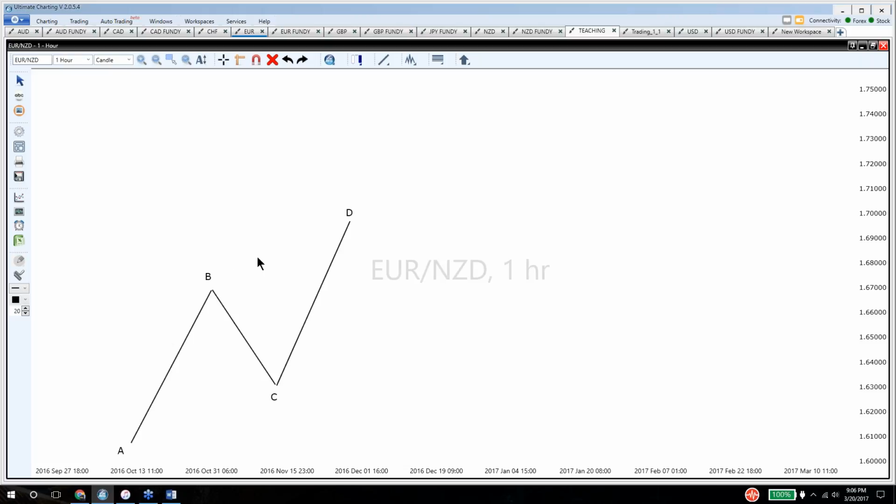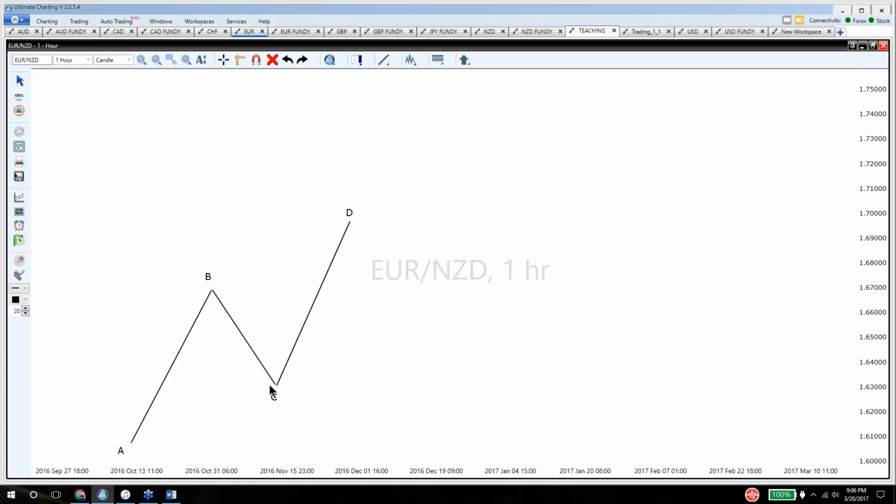In its plainest form, in order to trade this, we're simply looking to identify where C is, to get in at C and take the ride up to D in an uptrend. Does that make sense conceptually? Everybody get behind that? You identify the AB.